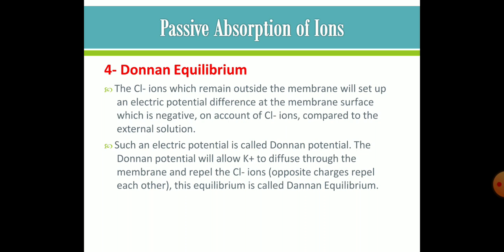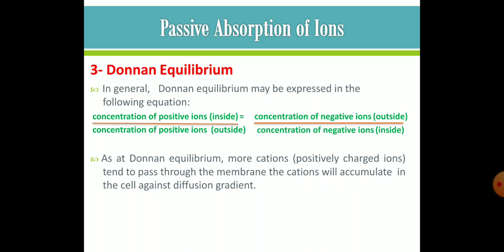The Donnan potential will allow the K plus ions to diffuse through the membrane and replace the chlorine ions. That means the positive ions will replace the negative ions. So like that the Donnan equilibrium occurs. In this exchange mechanism, the concentration of positive ions inside is equivalent to the concentration of negative ions outside, and the concentration of positive ions outside is equivalent to the concentration of negative ions inside.